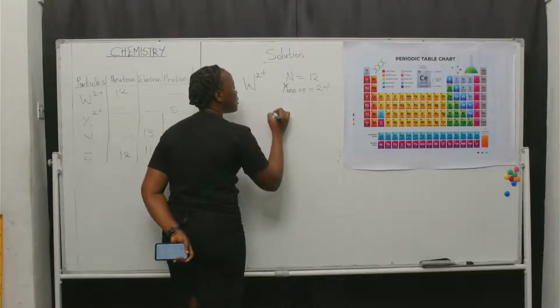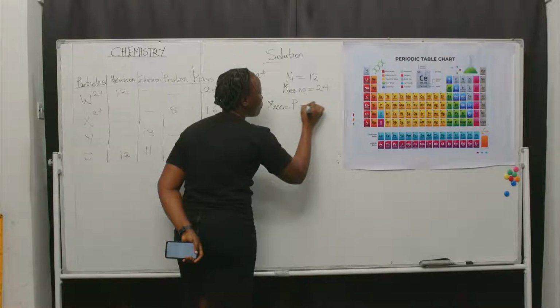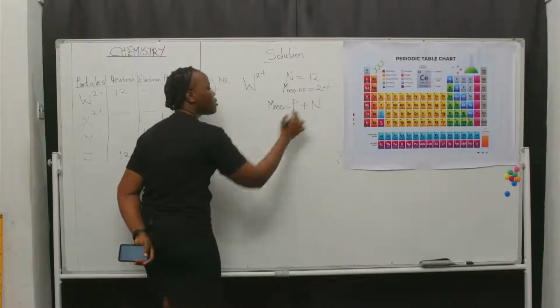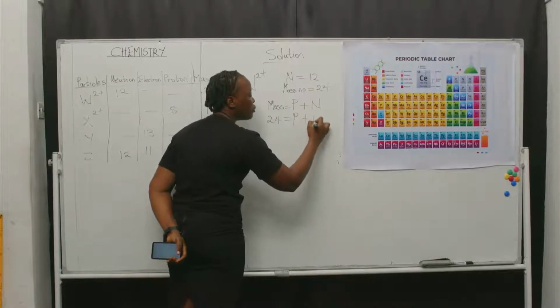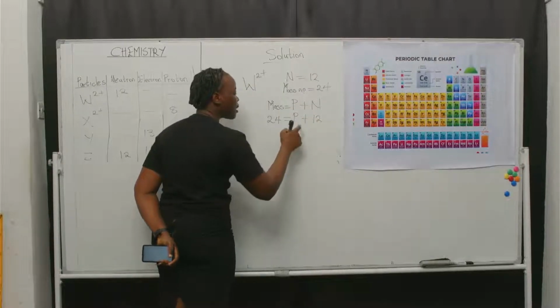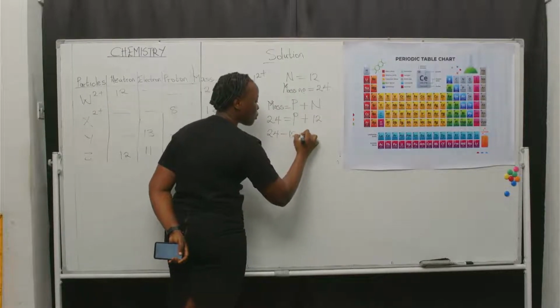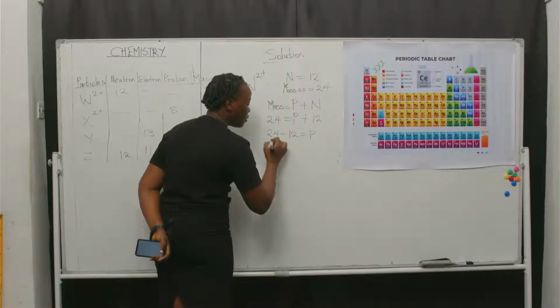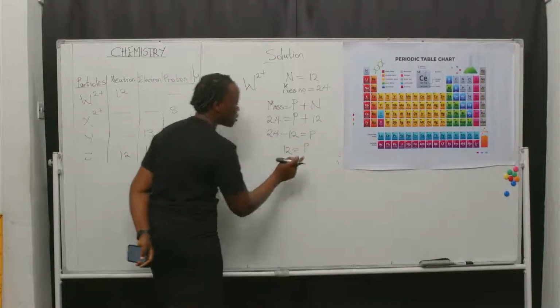The mass number is 24. We're not given proton, but we're given neutron. Make this the subject of the formula: 24 minus 12 equals P. 24 minus 12 is 12. That means P is 12.